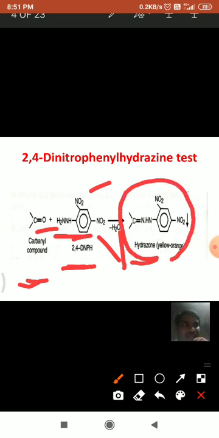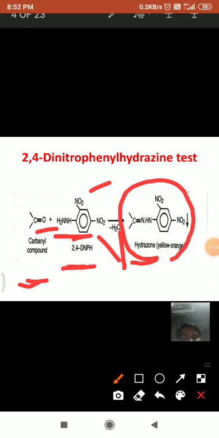This is the product, and it is in yellow or orange color generally. It is formed as a precipitate. This indicates the presence of carbonyl group. Generally, this 2,4 dinitrophenylhydrazine test is used for identification of aldehydes and ketones.